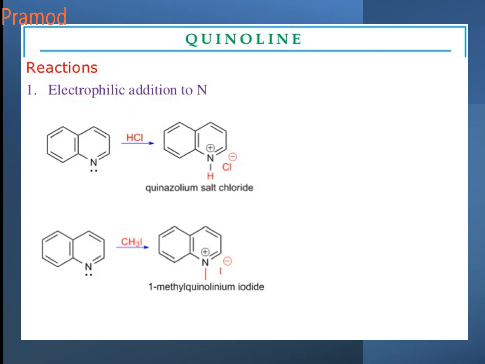Since it has a free nitrogen, as you have seen in pyridine, it also will form an addition product in presence of acid to form the quinolinium chloride salt, and it can also react with methyl iodide to form 1-methyl quinolinium iodide, similar to your pyridine. So if you know the reactions of pyridine, you can write the reactions of your quinoline and isoquinoline also, because they will act as a pyridine here.